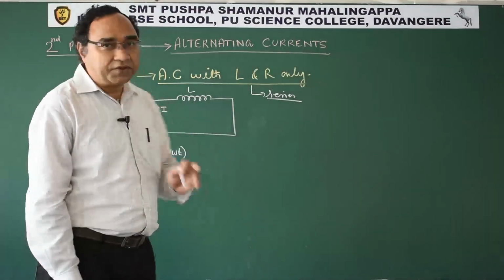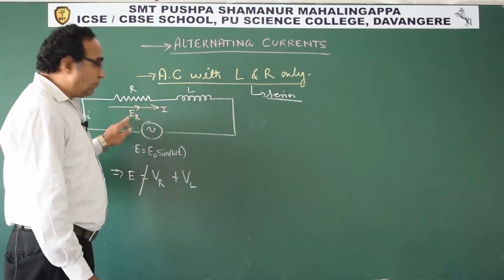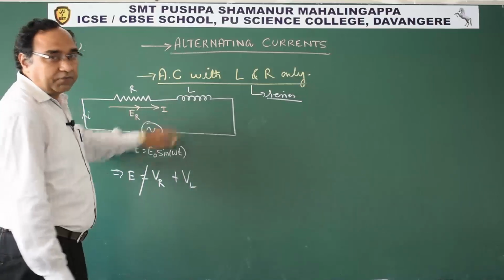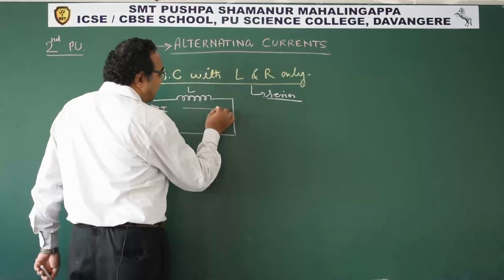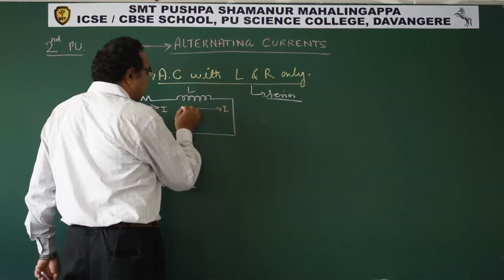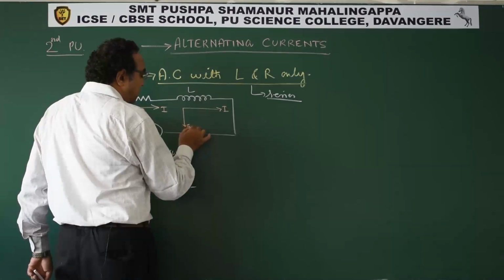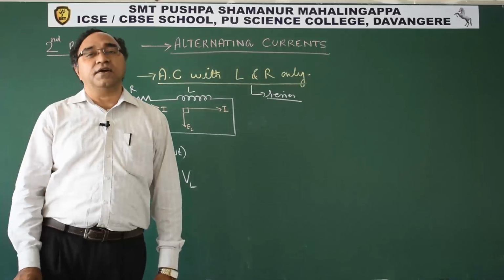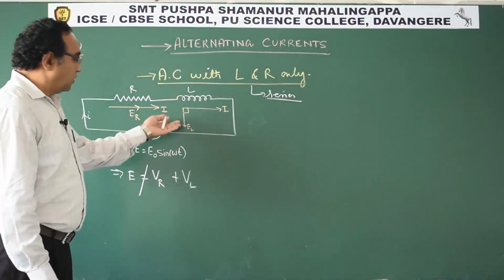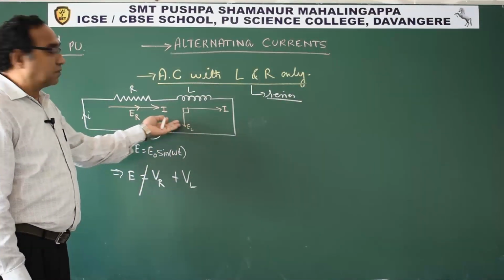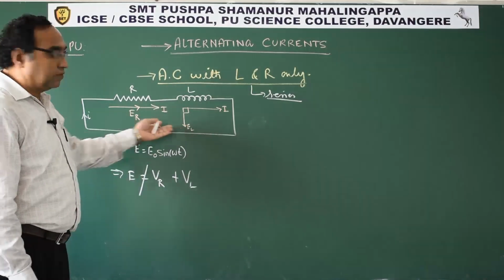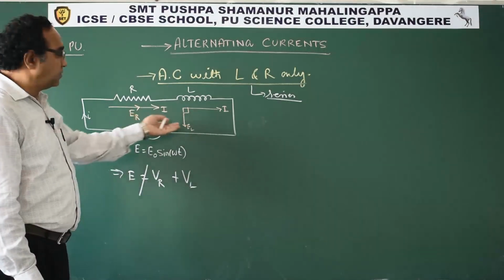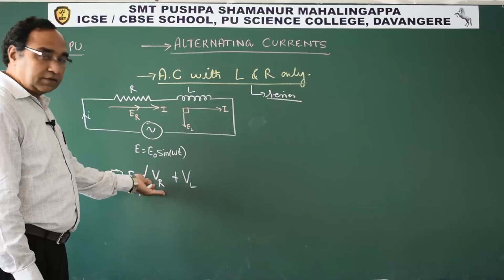Phase difference is 0. Now when it comes to L, if you remember, the phase difference between the current and potential was 90 degrees. It was 90 degrees out of phase. How can we add now? Can we add these two? It is not possible. How can you add?